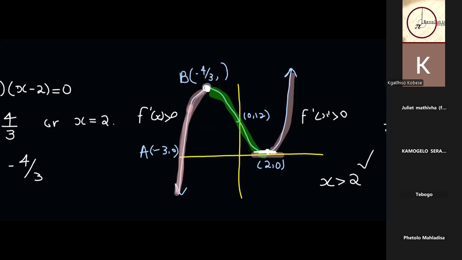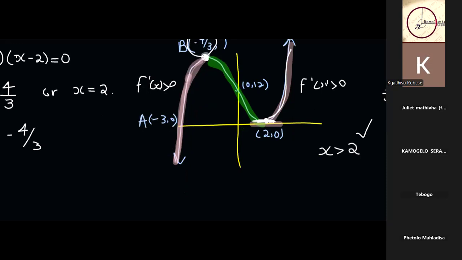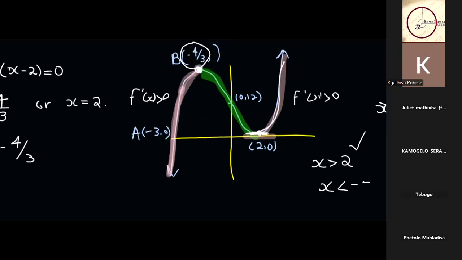Not only that, there is a specific reason why they wanted you to find the x value of b, so that you can get this question correct. They also want another x value where the graph increases. We'll just say where x is less than -4/3. That's where the graph increases. Because when I'm saying -4/3, when it's less than this zone, do you see that's where the graph increases?